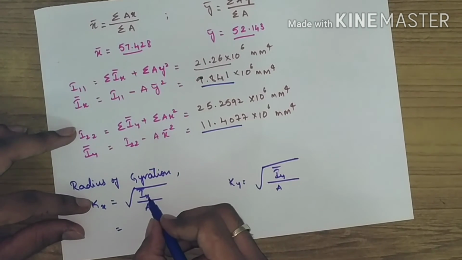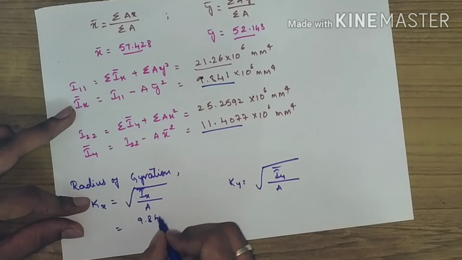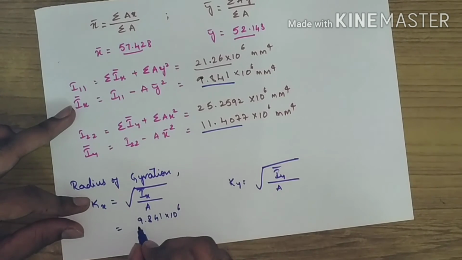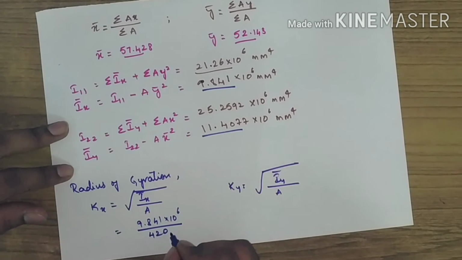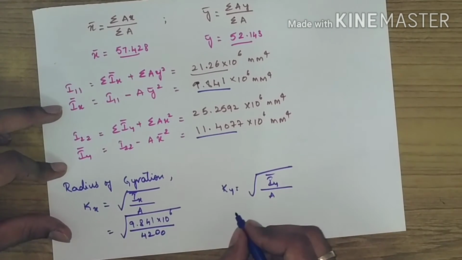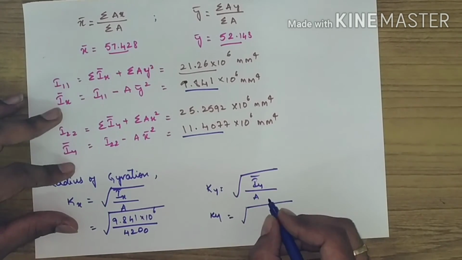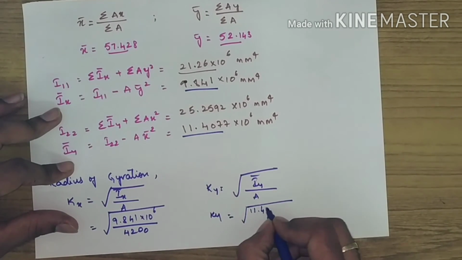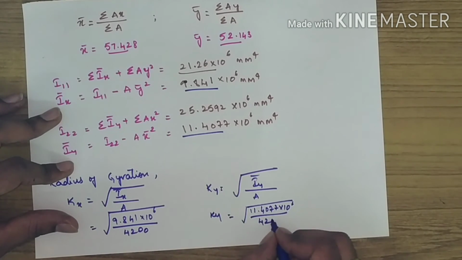So if you substitute the value of ix bar here, that is 9.841 into 10 power 6 divided by the area, that is summation of area, which we had computed as 4200, under root, and also ky is equal to square root of 11.4077 into 10 power 6 divided by 4200.